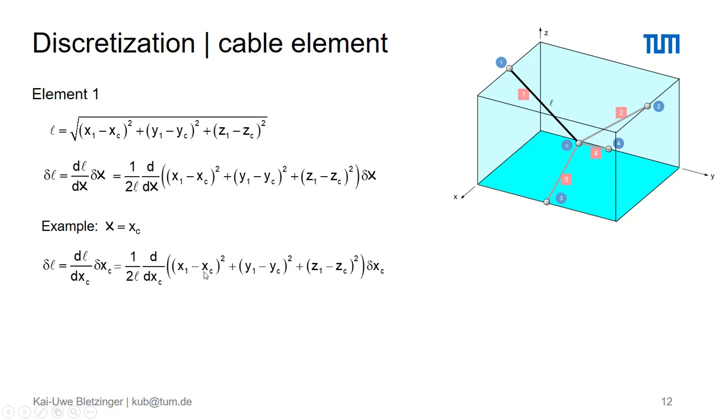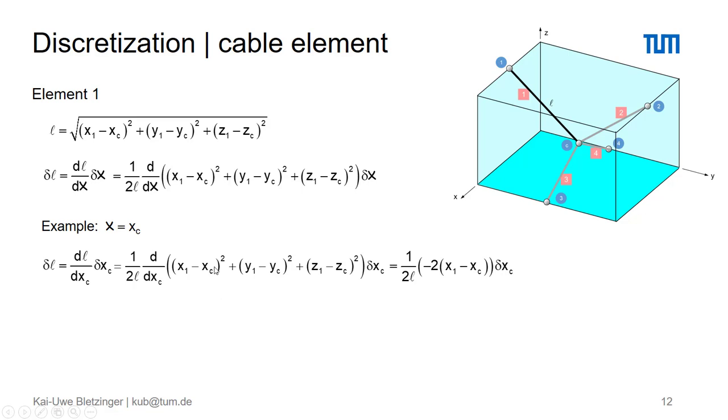Following the chain rule and the product rule of differentiation, we have 1 over 2 times the length, times 2 times this bracket where we identify xc, post-multiplied by the inner derivative with respect to xc, which is minus 1.